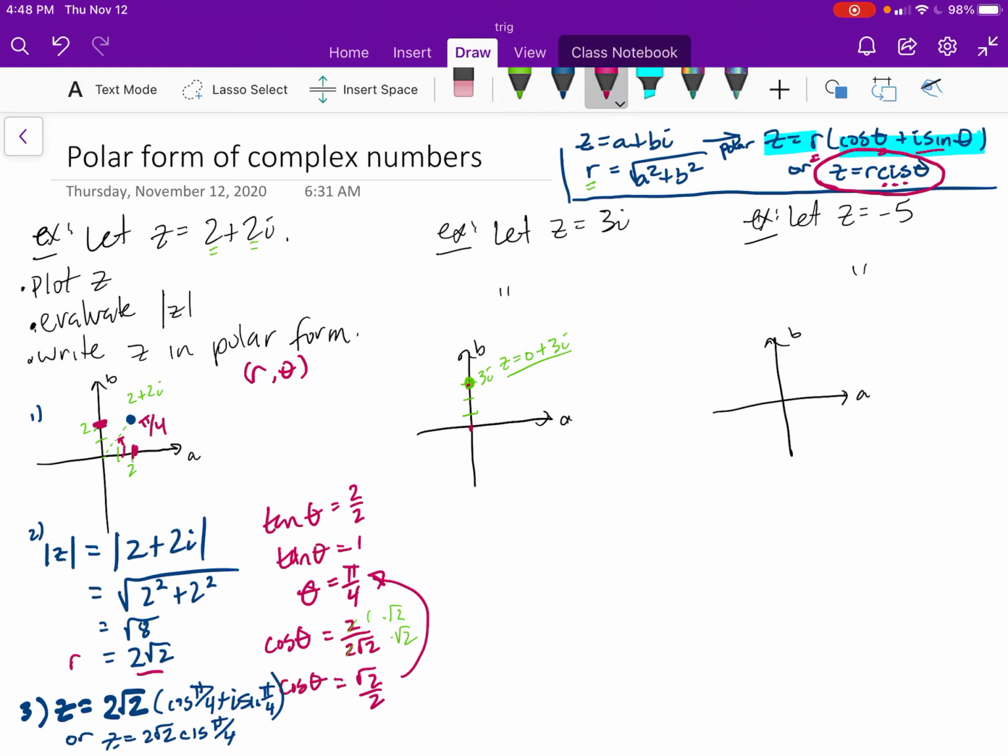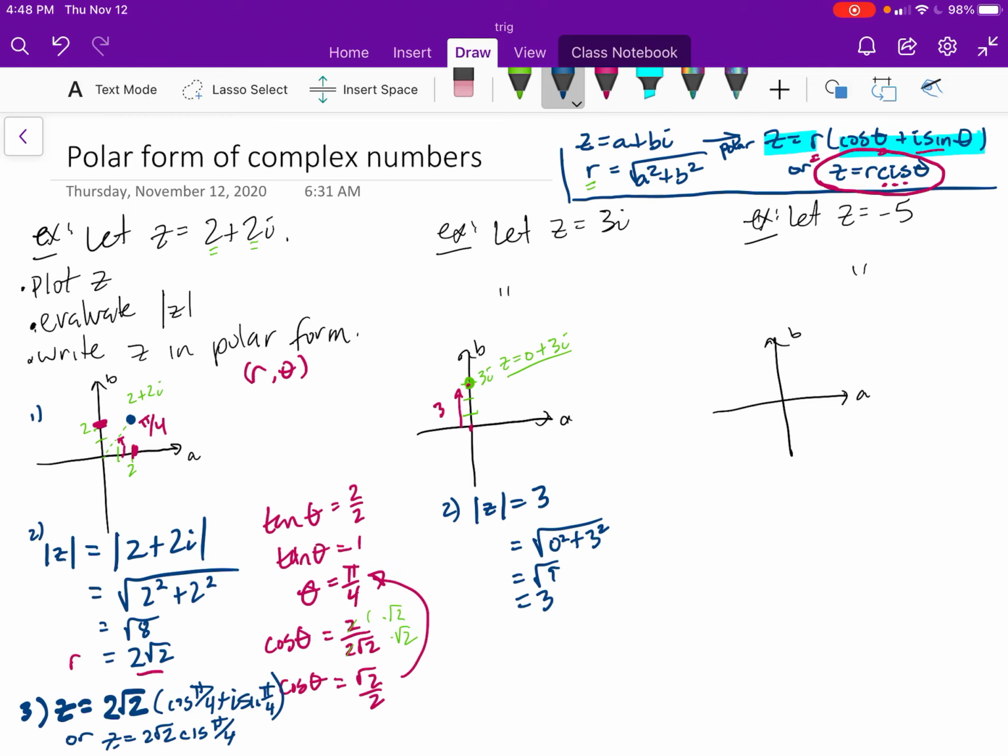From here to here is 3. I could count vertically, so I don't really need to do the work, but you could. So first off, the absolute value of z I know is 3. Just to verify that, we would do the square root of 0 squared plus 3 squared, because 3i, which is the square root of 9, which is 3.